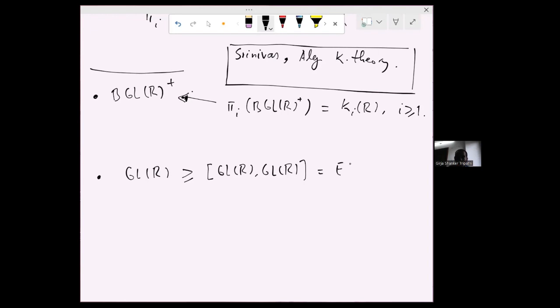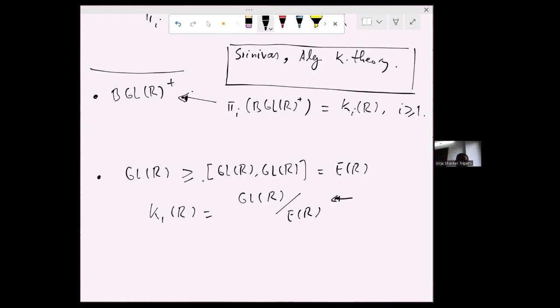It's also the subgroup given by elementary matrices, and so K1R is just this quotient GLR over ER, which is equal to this commutator quotient, and it's abelian.